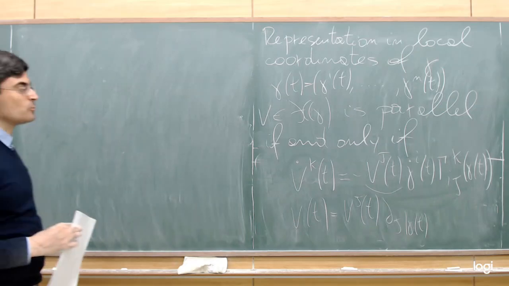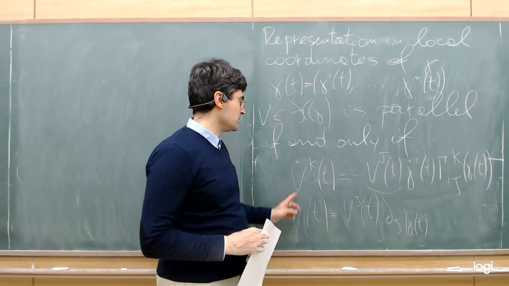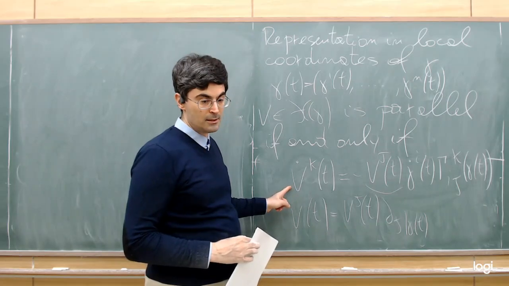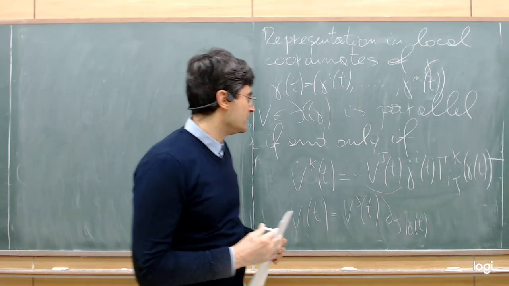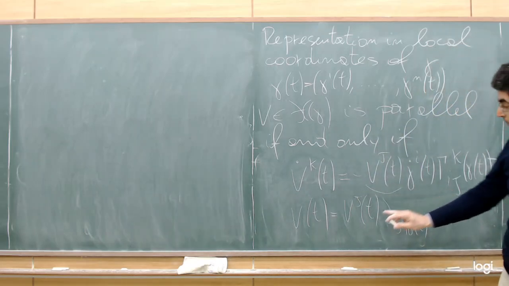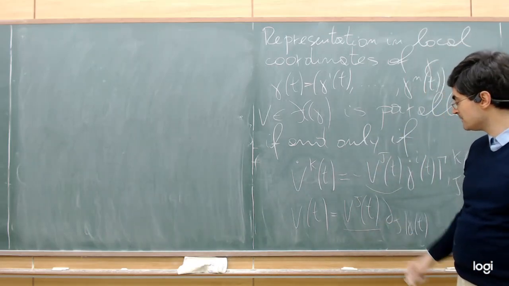The difference with previous system is that this is linear. Why? Because the unknown here are the component functions V^j.